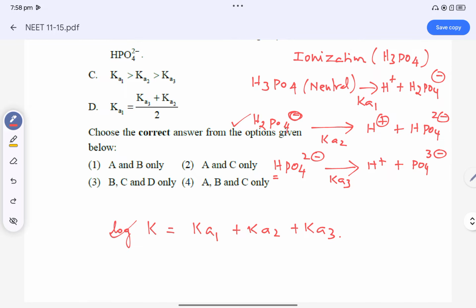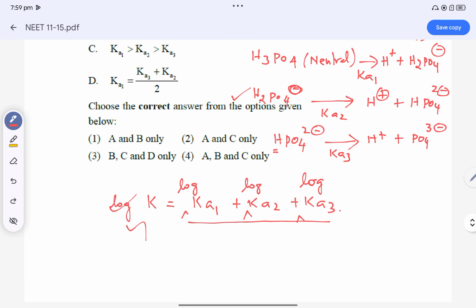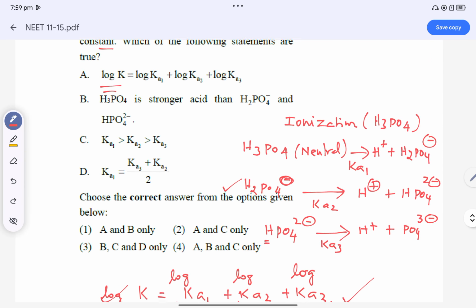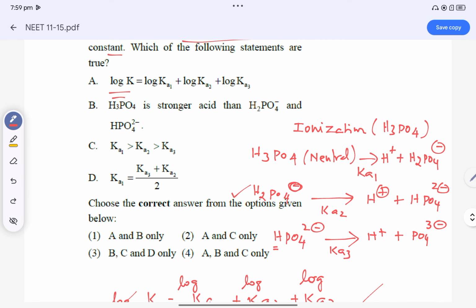So no trouble. The overall value will be the summation of Ka1, Ka2, Ka3. This is true. Very simple. Note the second point, very important.